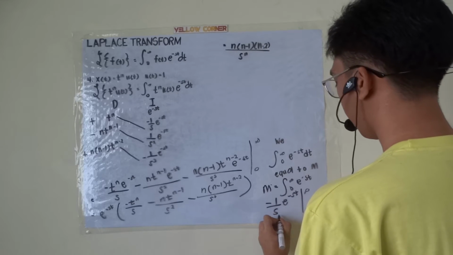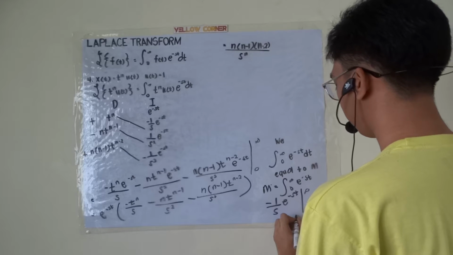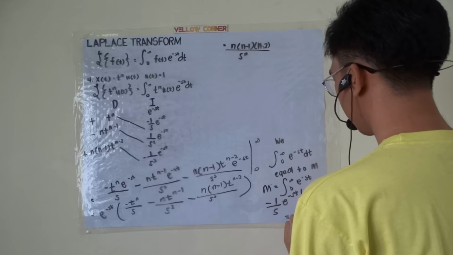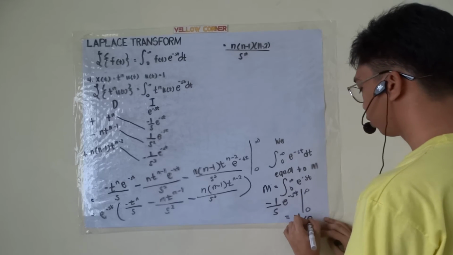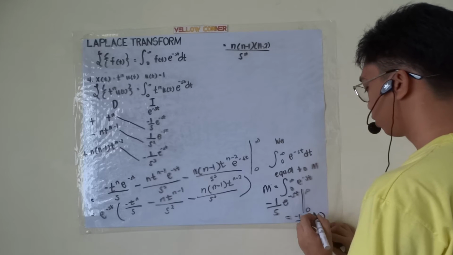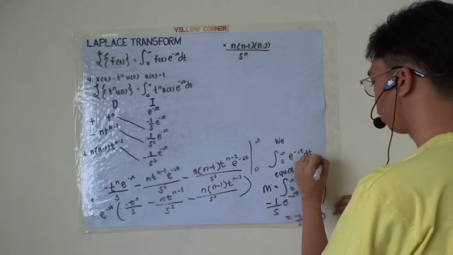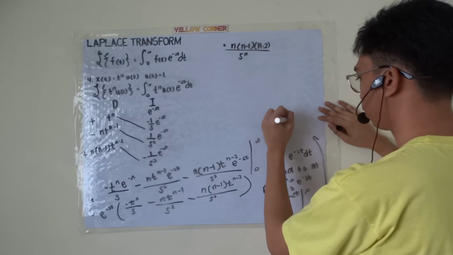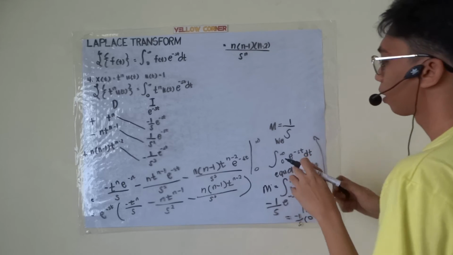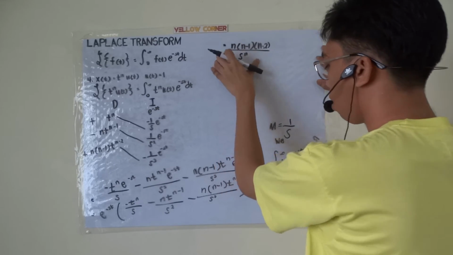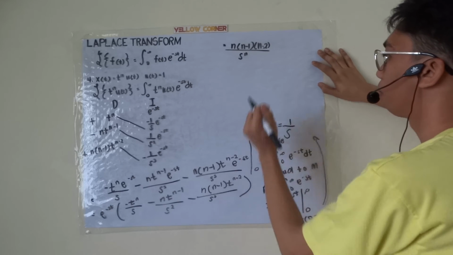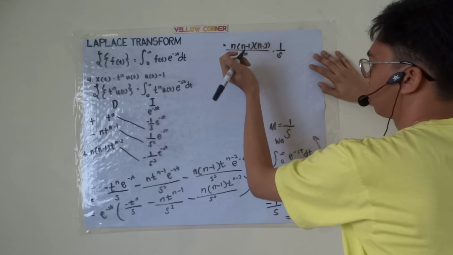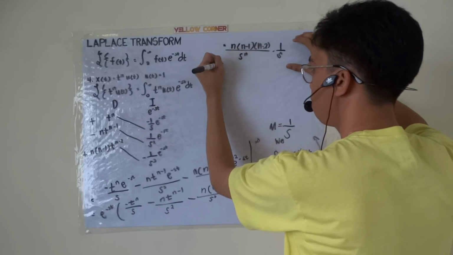So we'll have negative 1 over s times 0 minus 1. So we'll have m is equal to 1 over s. And having our 1 over s here, we'll multiply this as 1 over s. This is our value of m.